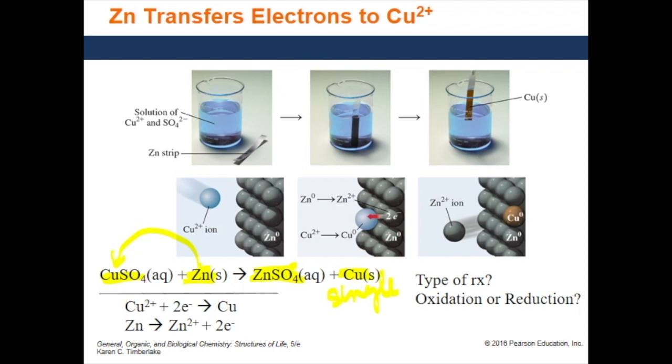But in addition to that, this is also an example of an oxidation reduction reaction, where copper sulfate, Cu2+, is changing into copper in the product, which is Cu0. So here copper 2+ is gaining 2 electrons to form copper, whereas zinc has a charge of 0, as you can see. So zinc is a reactant, changing into ZnSO4.